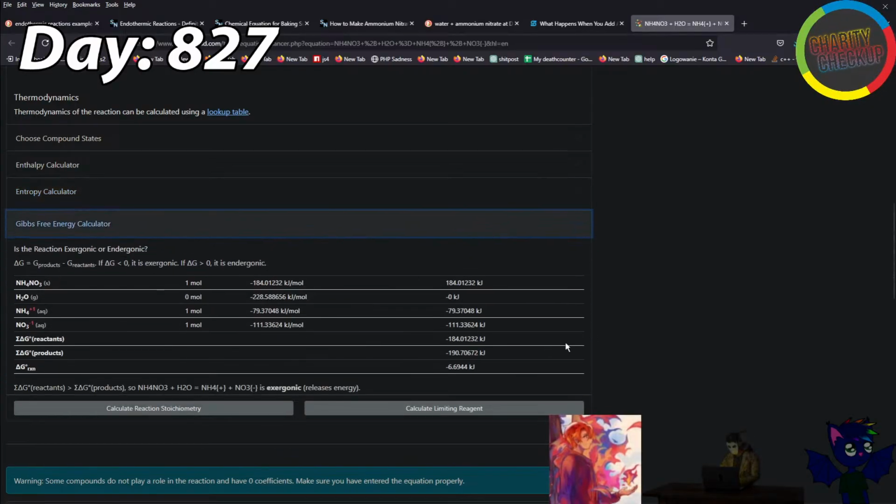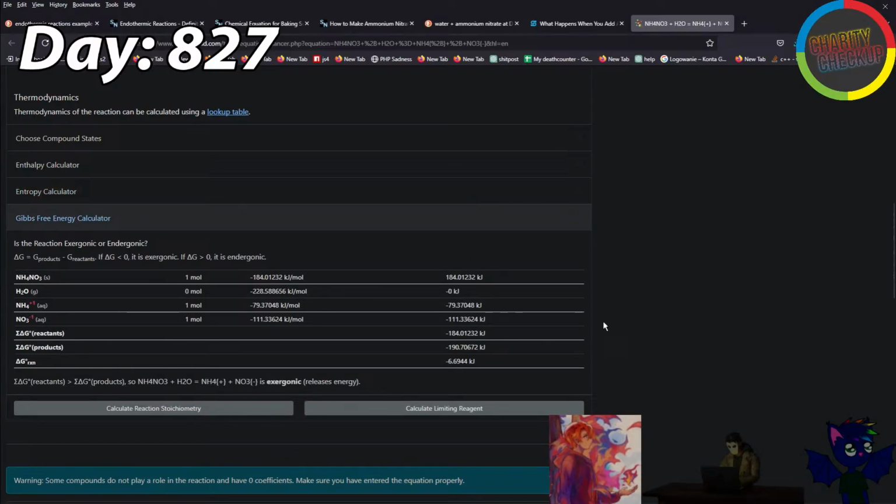Wait, Gibbs free energy is always negative for something, I think. Let me double check. Okay, no, the Gibbs free energy is like a mix of a few thermodynamic quantities.